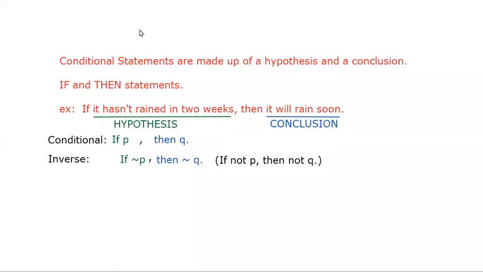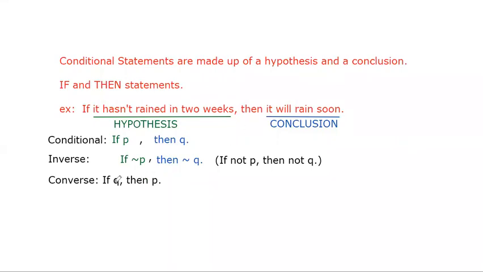We also have the converse. The converse is when you rearrange or trade the hypothesis and the conclusion. So it's if Q, then P. You take your original conditional statement and you rearrange it, and you end up with the converse.